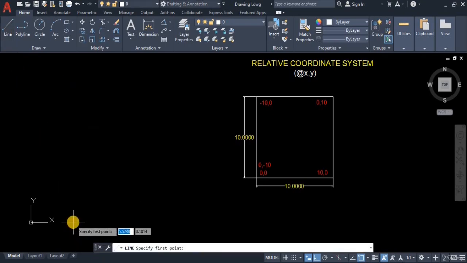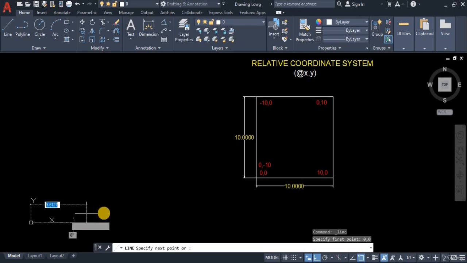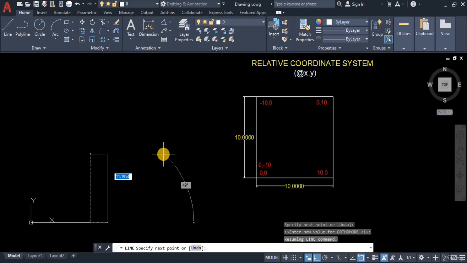Specify the first point, which is 0, 0, then enter. So we have the origin. Now for the second point, which is 10, 0, first of all type @, because this is the relative coordinate system. After typing @, then you type 10, 0, enter.